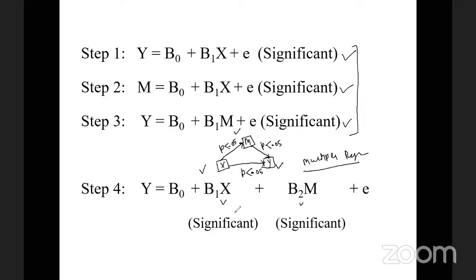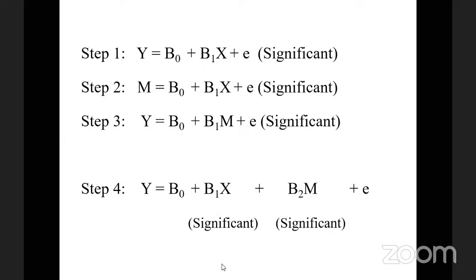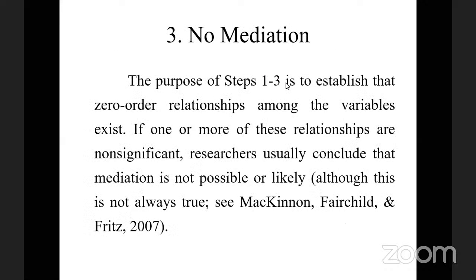So here, after conducting the multiple regression analysis, the relationship between X and Y, if it is significant, then this is known as partial mediation. Here it is partial mediation. And the third case here, no mediation.